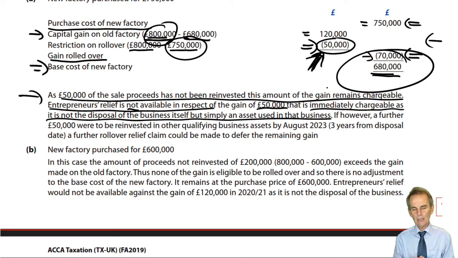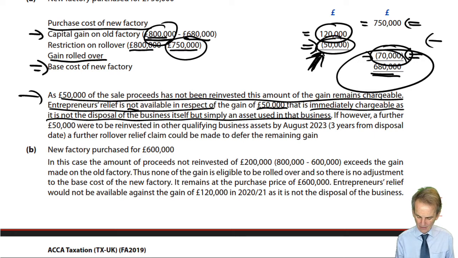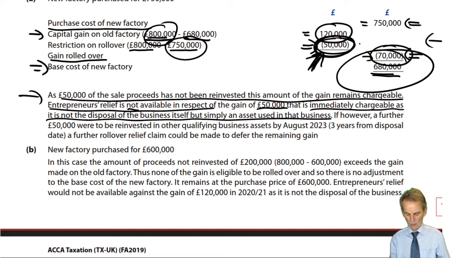We would also be telling our client, in our responsibility here as the accountant, that of the gain of 120, only 70,000 was available for rollover because we'd failed to reinvest this 50,000 and therefore the 50 remain chargeable.